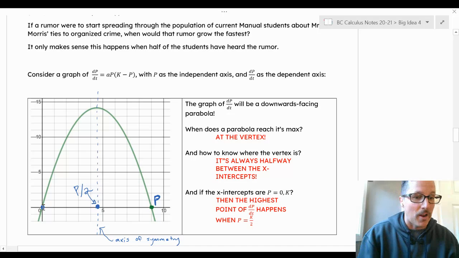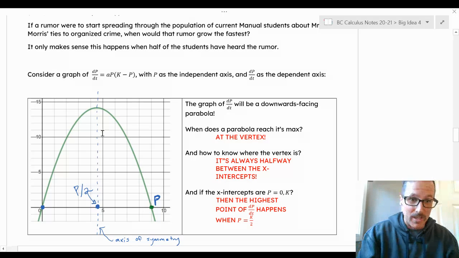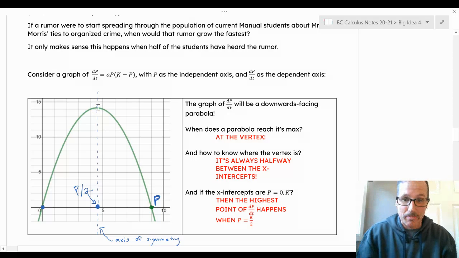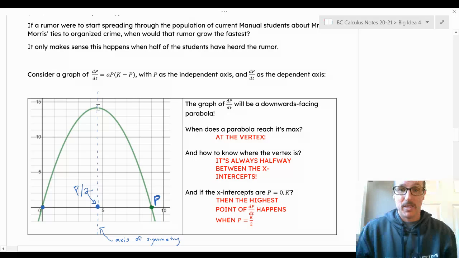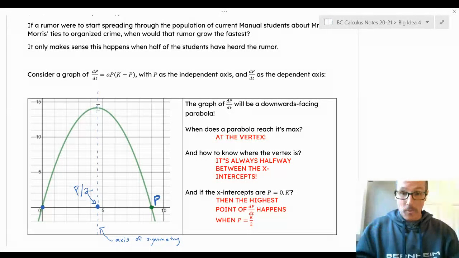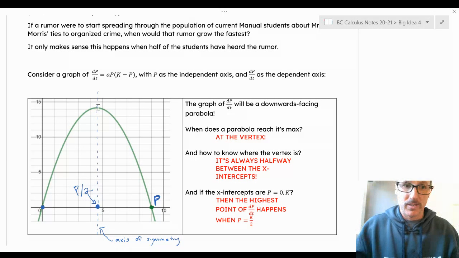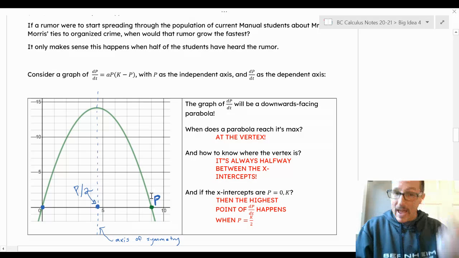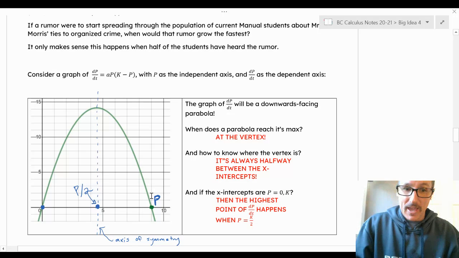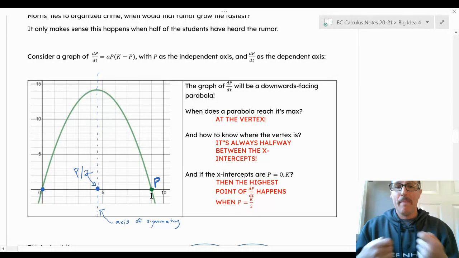So if I know the two x-intercepts, I know that the highest spot, the vertex, is going to be halfway between the x-intercepts. If the x-intercepts are 0 and K, the halfway point happens at K/2, half of the carrying capacity. So at half of K, the rate of growth is at its maximum.